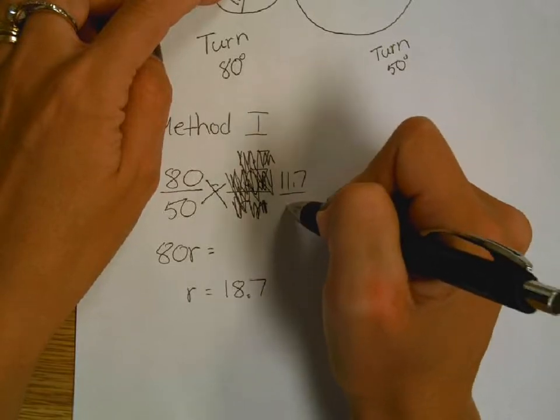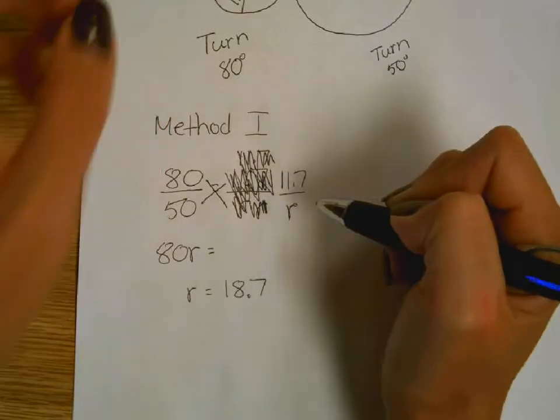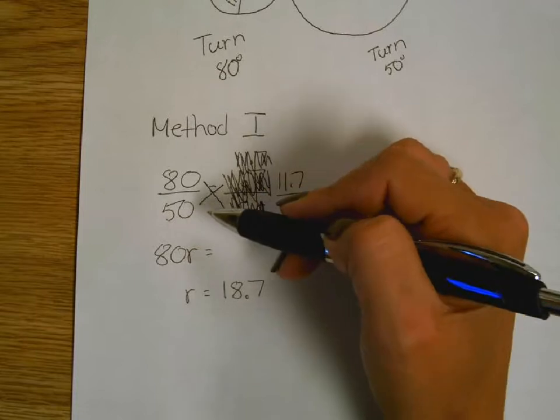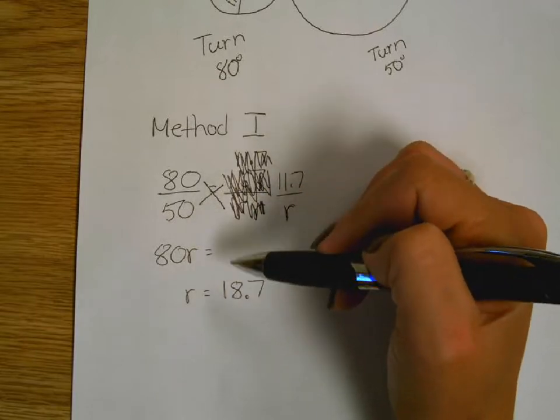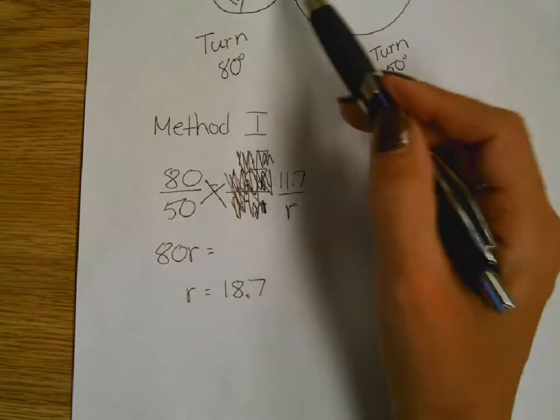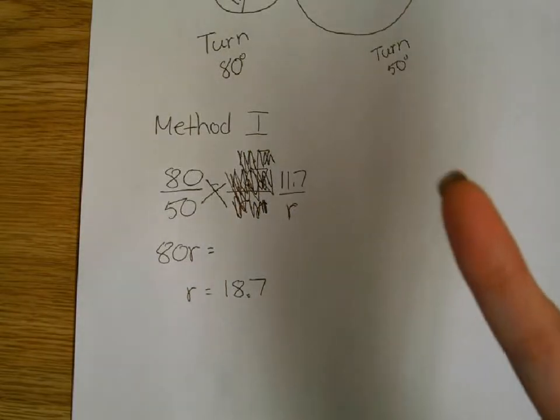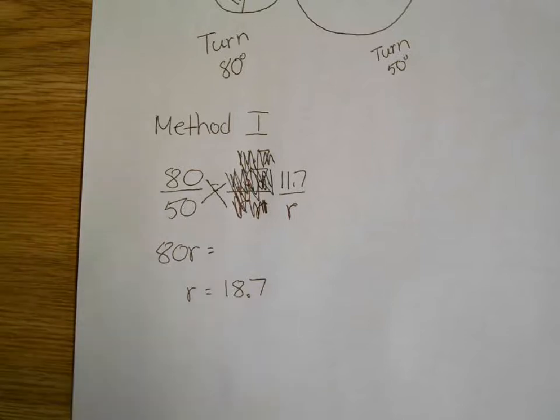Wait, shouldn't it work if you just go 80 divided by 50, and you'll get like 1.6, and then you just multiply your R by 1.6? But why doesn't this do the same thing? Usually that's why we set up proportions. I don't know, that's why I did it in my calculator. That is going to work.